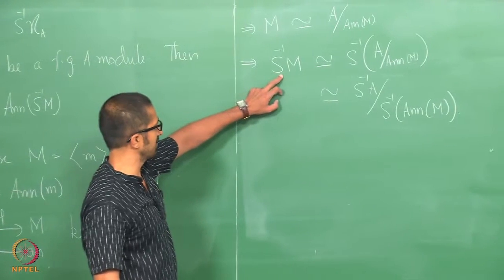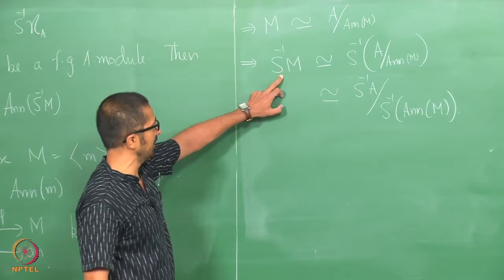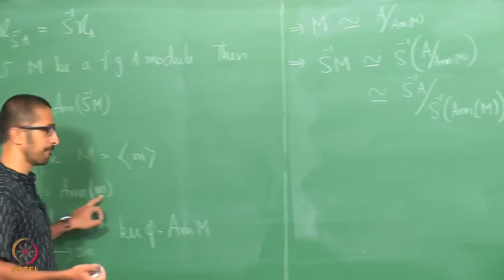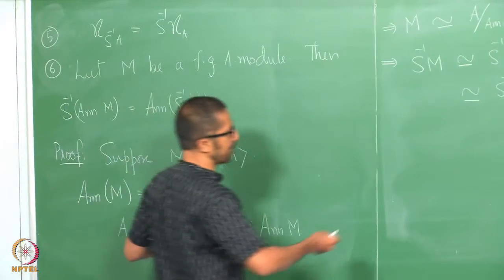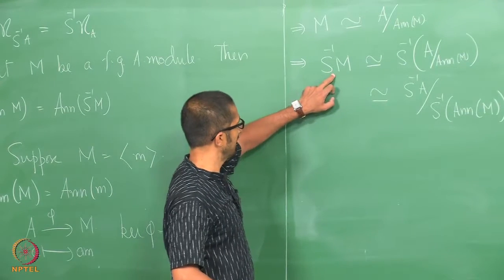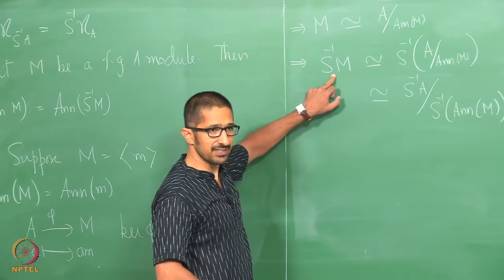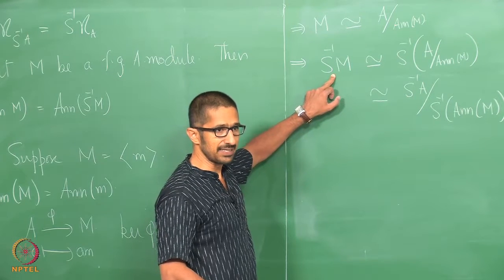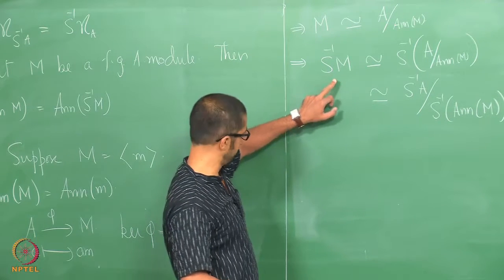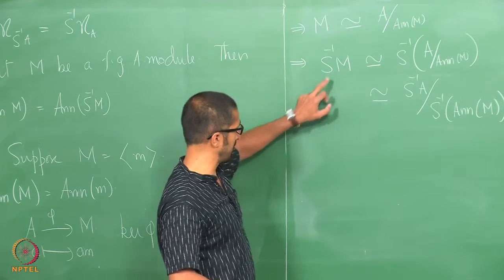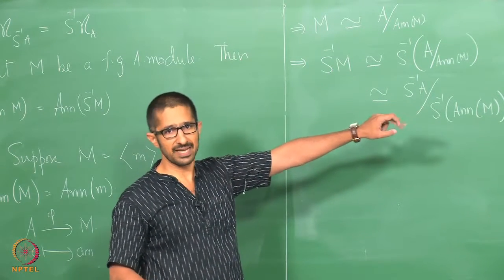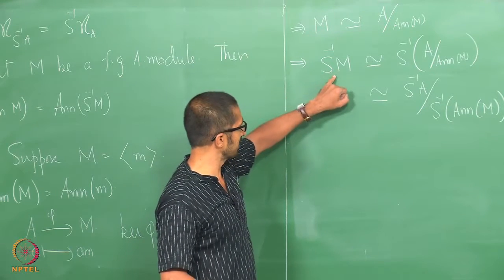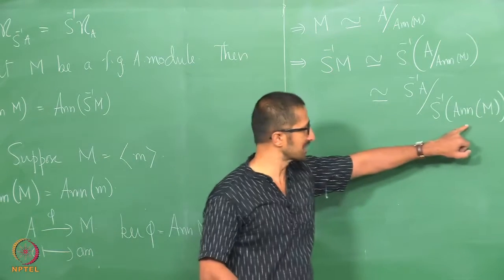Now S inverse M is generated by again this m, and a map from S inverse A to S inverse M, a by 1 going to am by 1, will give me a homomorphism with kernel as this one.